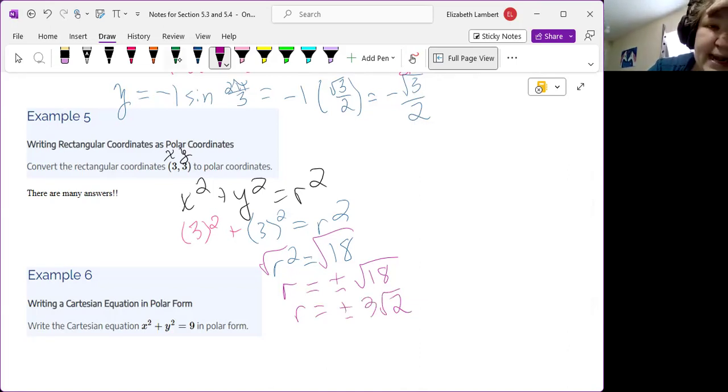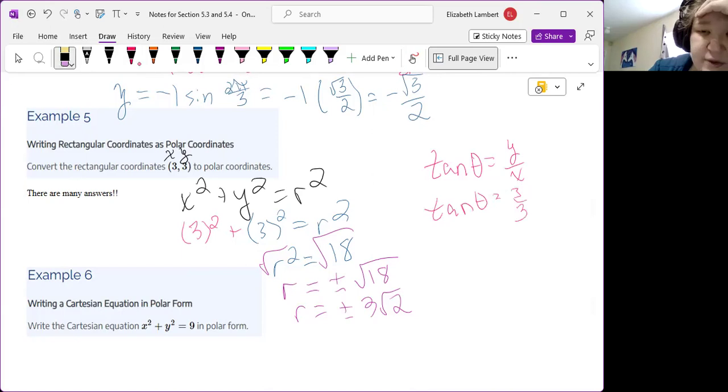And now our theta. Tangent of theta is y over x. So tangent of theta is 3 over 3, which is 1. So when is tangent 1? This is when theta equals pi over 4, or in quadrant 3, 5 pi over 4.